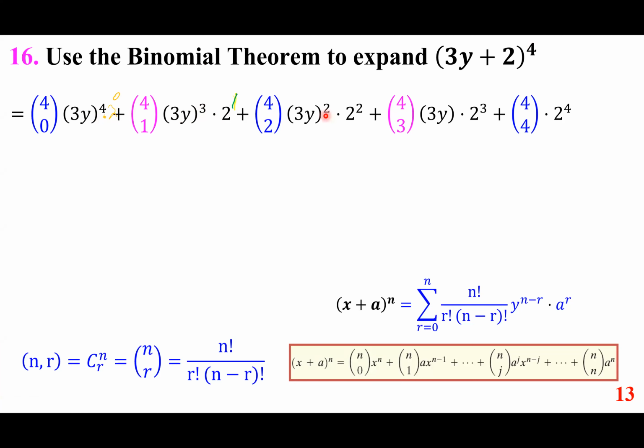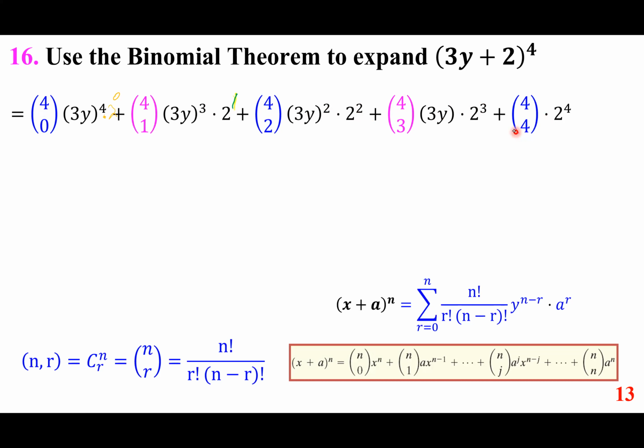So if you look here, see the exponent is 2 here, this one is 2. So this is going down 1, this is going up. This is going down to 1, this is going up to 3, and 3y to the power of 0, which makes it 1. So 4 choose 0, 4 choose 1, 4 choose 2, 4 choose 3, 4 choose 4. Of course, this, remember what I told you, this and this are 1.